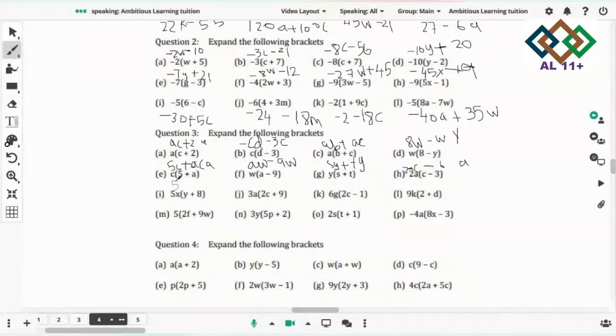That will be 5xy plus 40x, 6ac plus 27a.